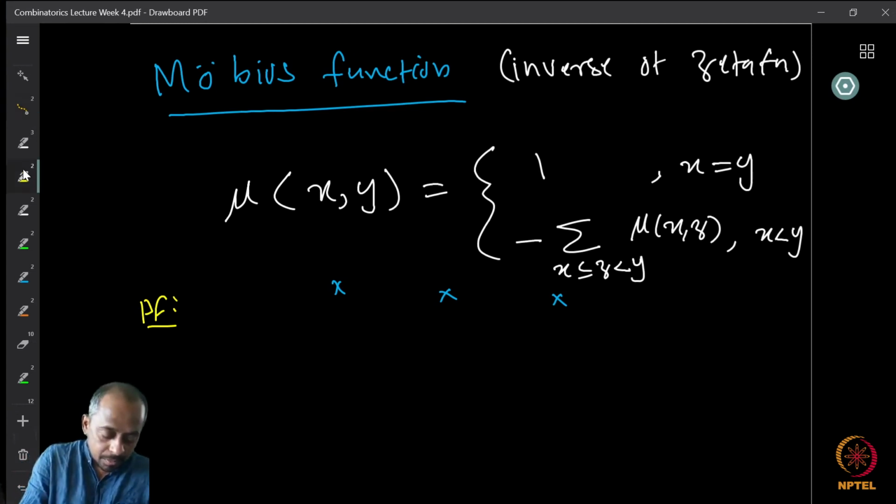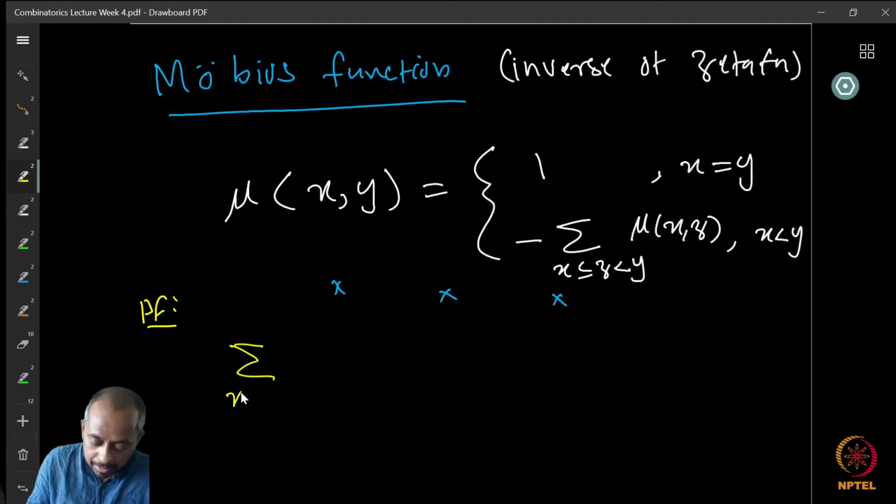To prove this, we can just look at the definition of the convolution product, and the fact that mu is the inverse of zeta. So mu zeta of xy is delta of xy. Let us look at what mu zeta of xy is.